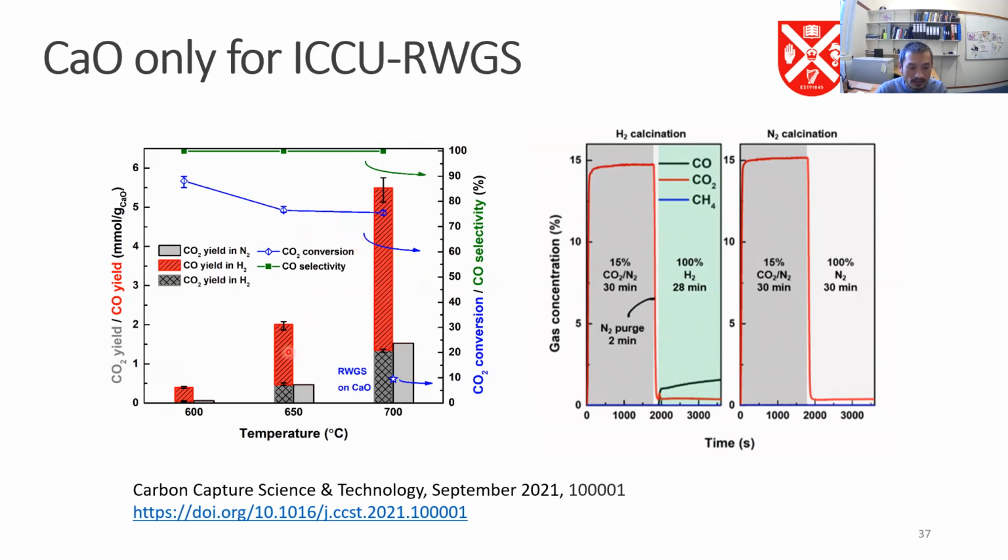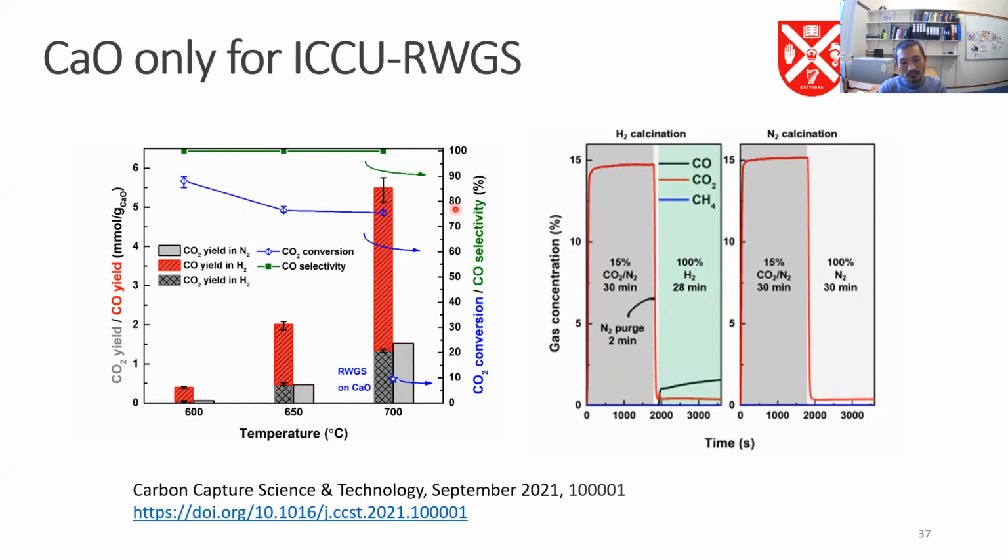And then in the conversion stage, basically the process is we just put calcium oxide there, and we introduce carbon dioxide, and then we switch the carbon dioxide to hydrogen. Interestingly, when you introduce hydrogen, a very high yield of CO is produced. And the conversion here is almost 80%.